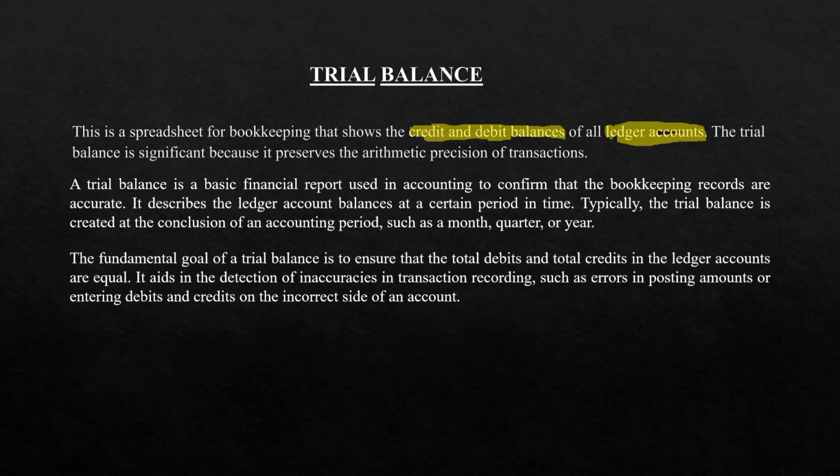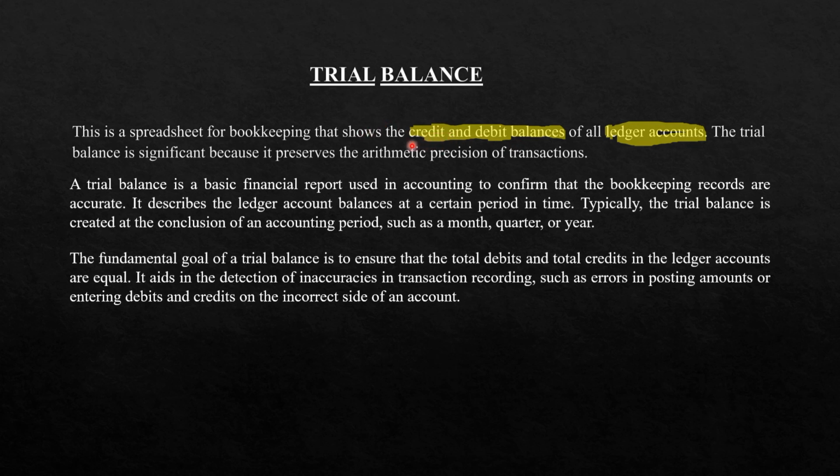The trial balance is significant because it preserves the arithmetic precision of transactions. So you use ledger accounts to create a trial balance, and the trial balance has credit and debit balance columns, and it has to balance.